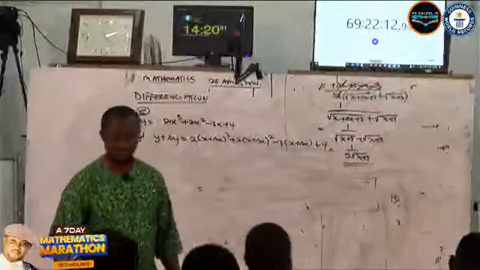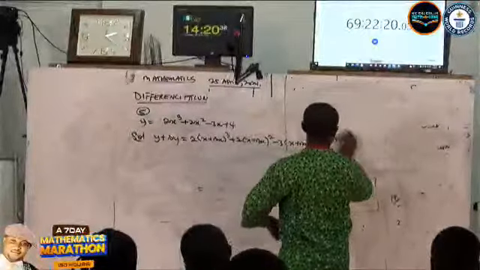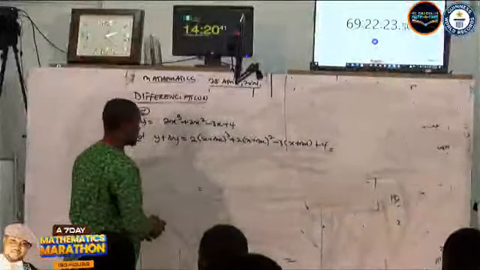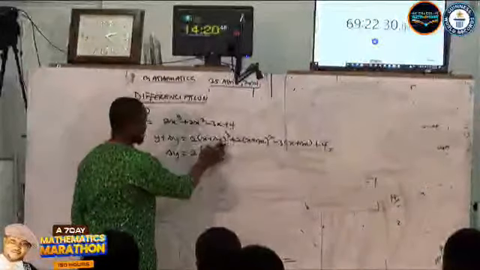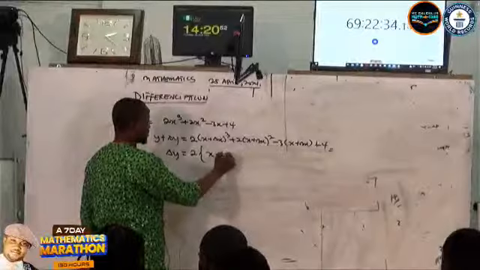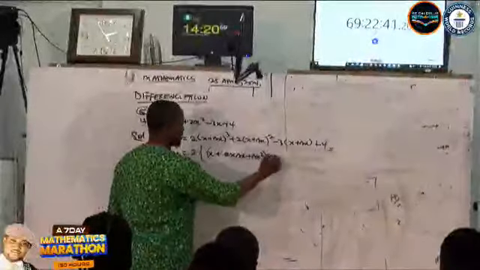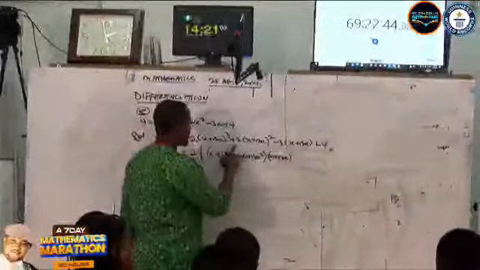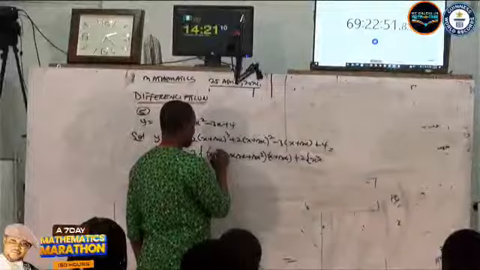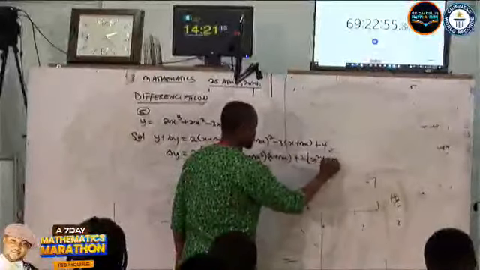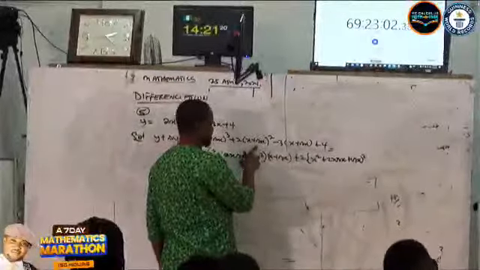So from there, my change in y will be, expanding this, 2 into x plus change in x squared, that is for the 2, then x plus change in x, then plus 2 into x squared plus 2x change in x plus change in x all squared for this place, okay?